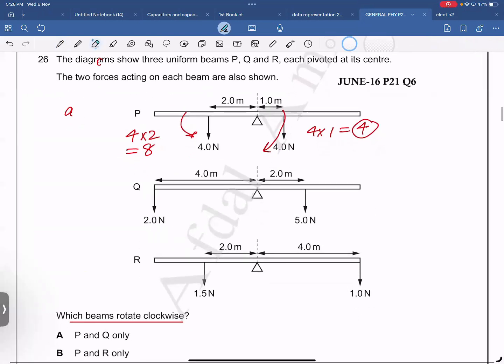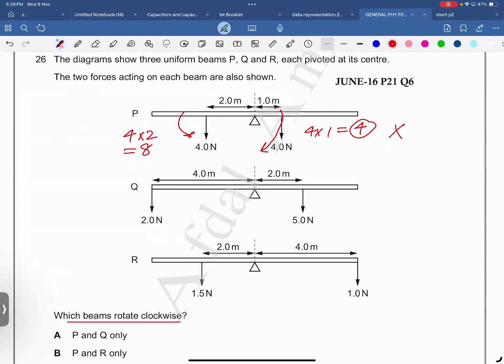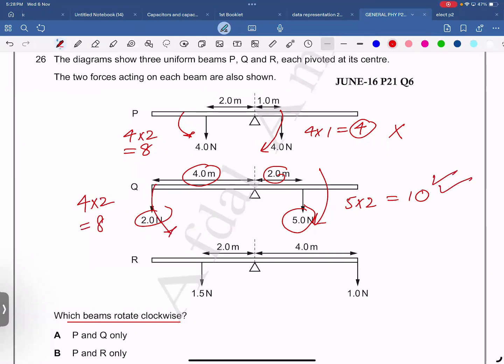In this question, anti-clockwise is more, clockwise is not more. Next, 5 times 2 is the clockwise, which is 10. 4 times 2 is 8, anti-clockwise. Yes, it will rotate clockwise.